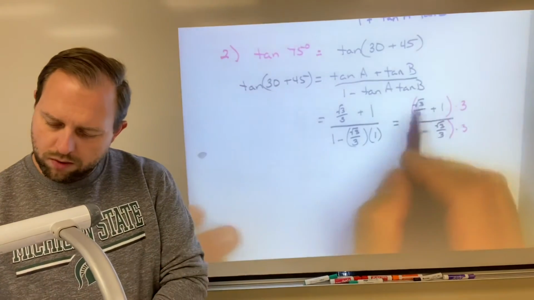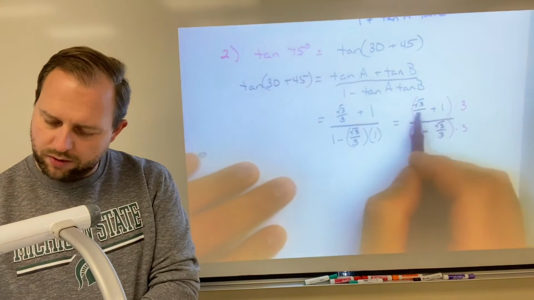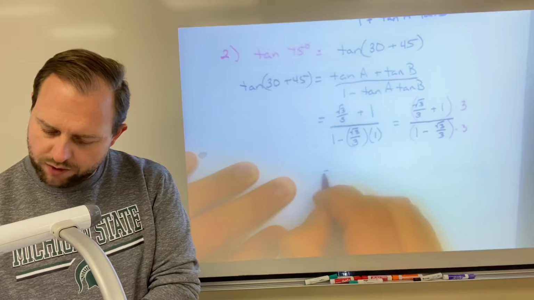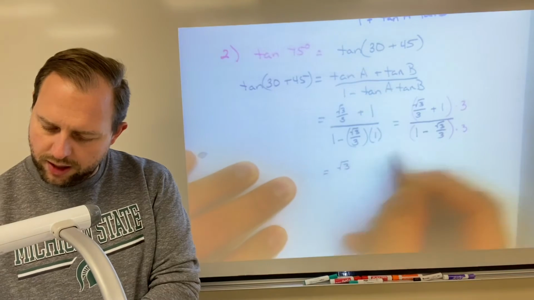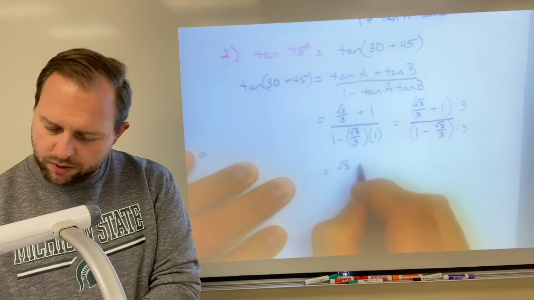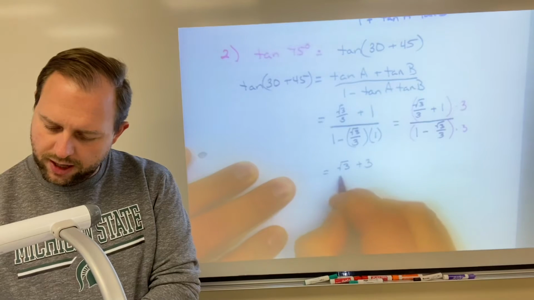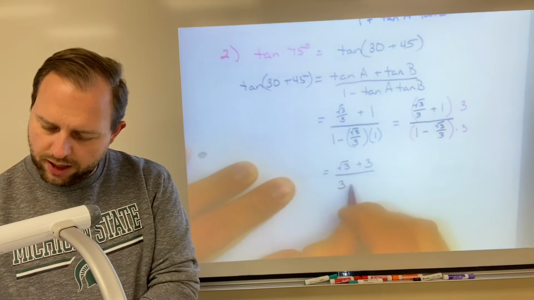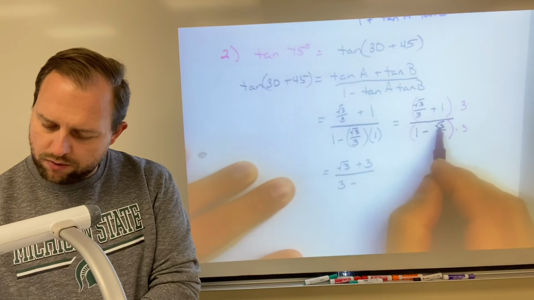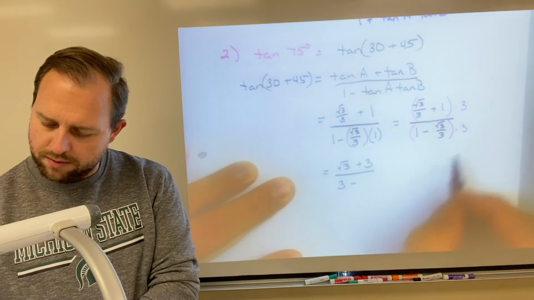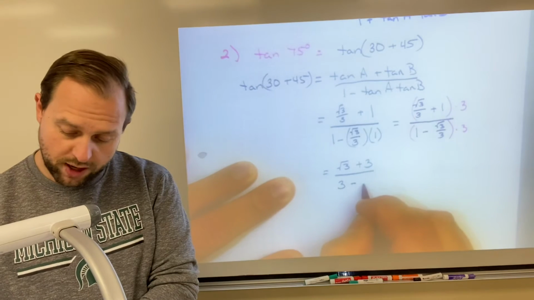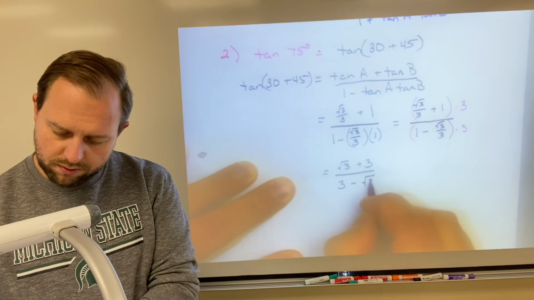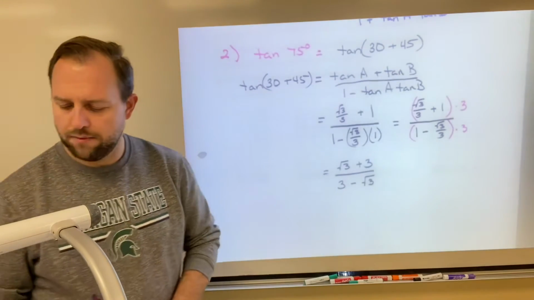And so root 3 over 3 times 3, the 3's will cancel, we're left with root 3. 1 times 3 is 3. 1 times 3 is 3. And root 3 over 3 times 3, the 3's cancel out, which is what we wanted. We end up with root 3.